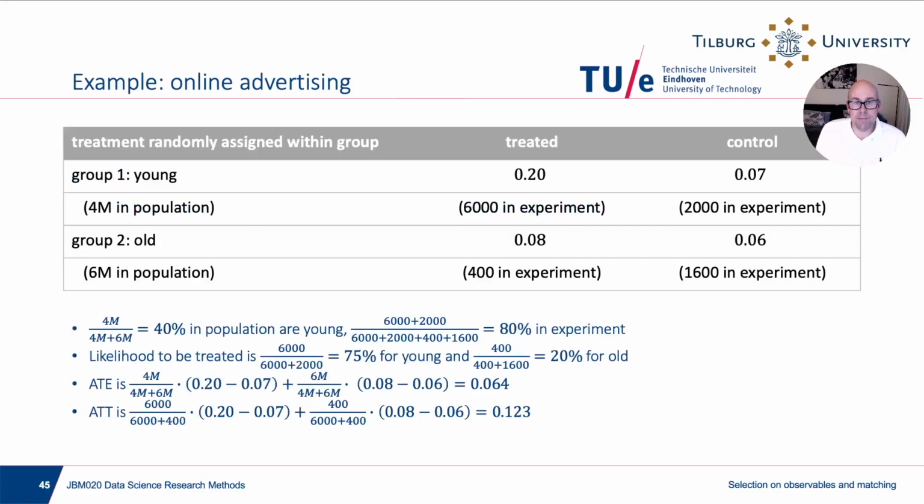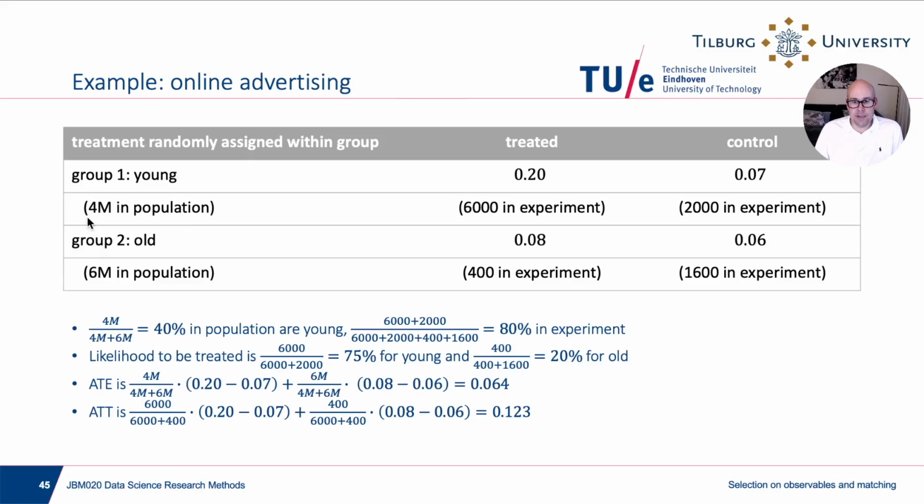Let me jump right into this example of online advertising to fix ideas a little bit. So what you see here is a table. In this table we have two groups. We have young people, that would be group 1. We have old people, that would be group 2.